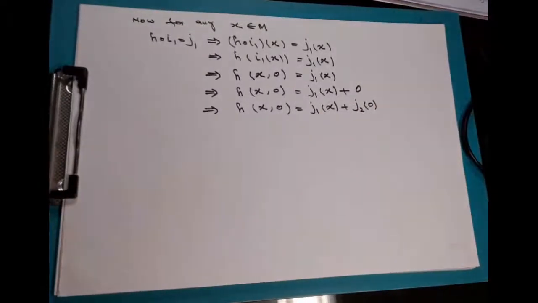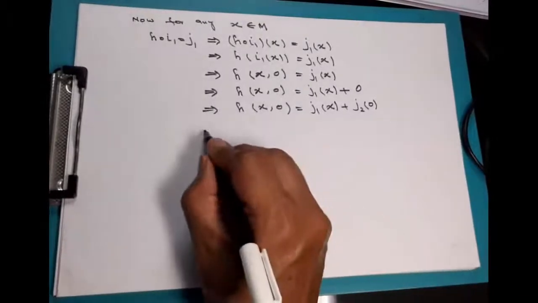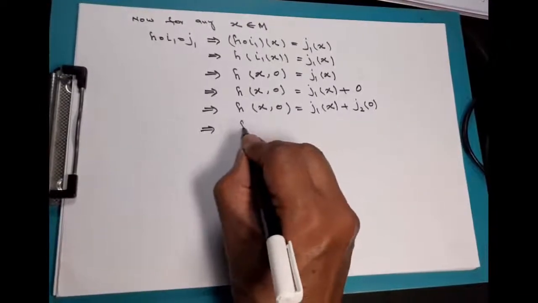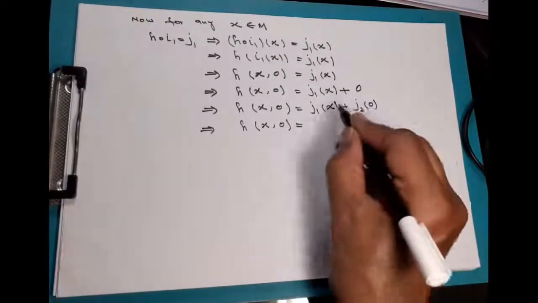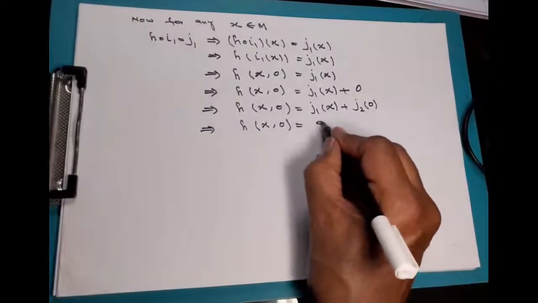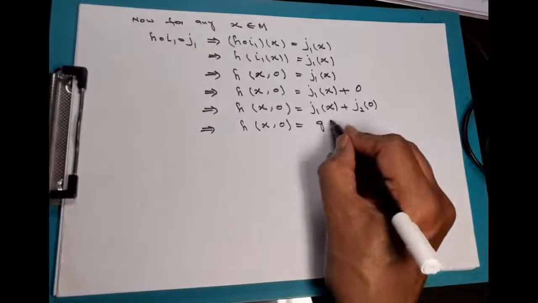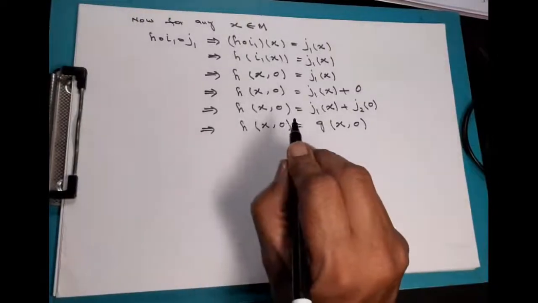The effect of J2 on 0 will be equal to 0 because J2 is a module homomorphism, and a module homomorphism preserves the additive identity. So J2(0) is equal to 0, and this implies that H(x, 0) is equal to J1(x) plus J2(0), which is exactly what G(x, 0) is.